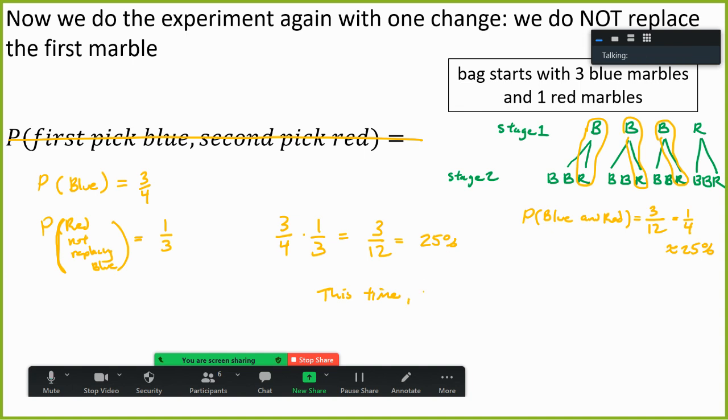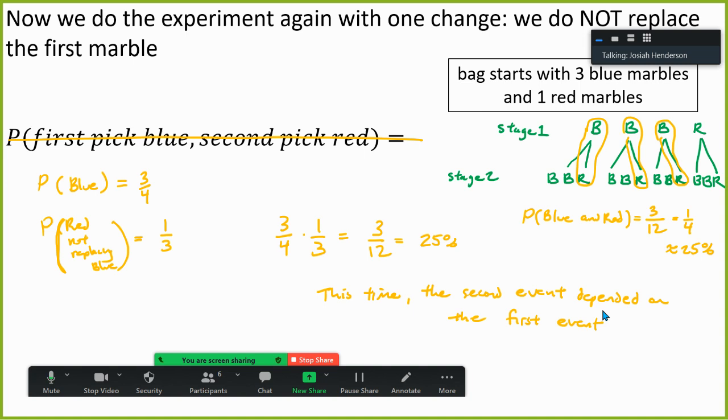This time, the second event depended on the first event. We're still multiplying the two probabilities together, but it's not the same second probability, is it?